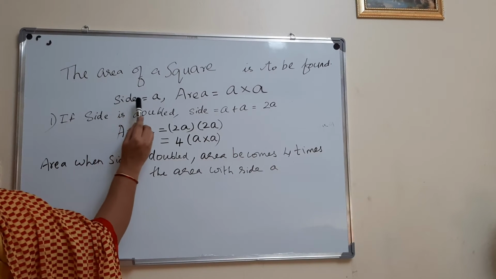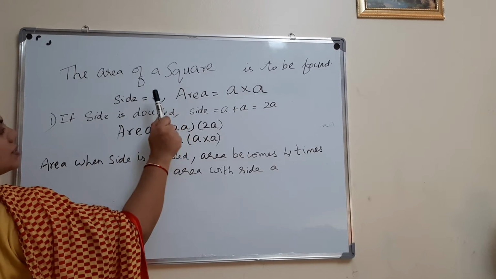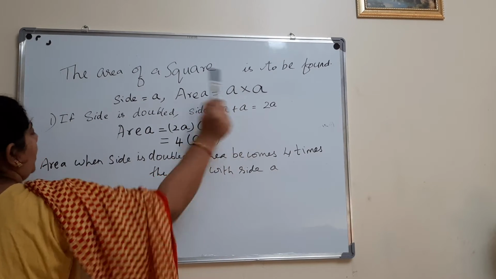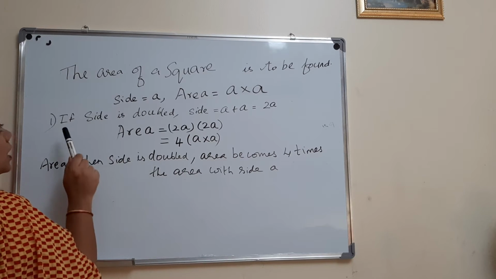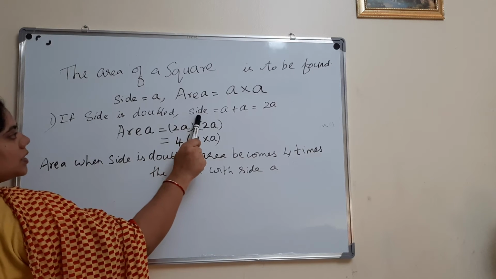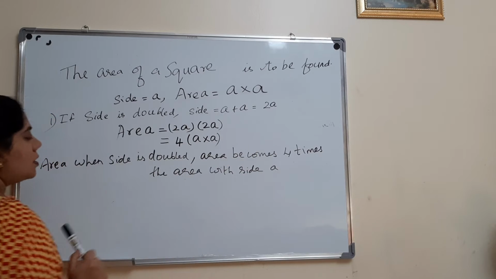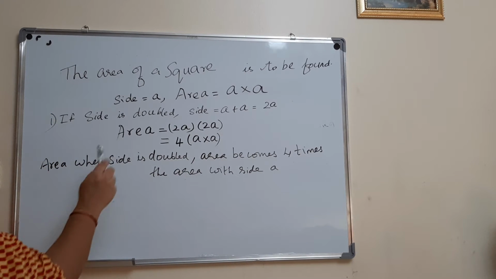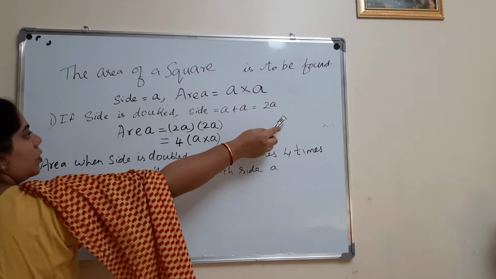When the side of a square is equal to A, area is A into A. That is the formula for square, side into side. So if the side is doubled, what will happen to the side? A plus A, that is 2A. The side becomes 2A now. Now what is the area? Area is new side into new side. New side is 2A.